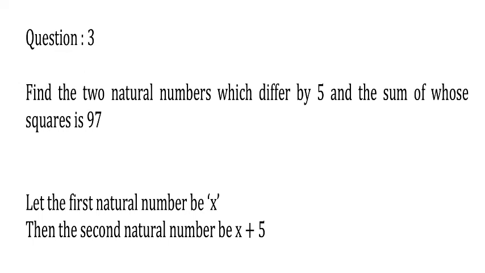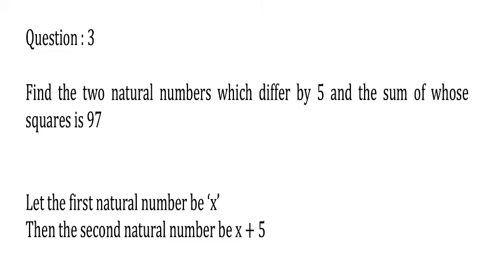Question number 3. Find the two natural numbers which differ by 5 and the sum of whose squares is 97. The two natural numbers which differ by 5. That means one number is greater than the other number by 5.